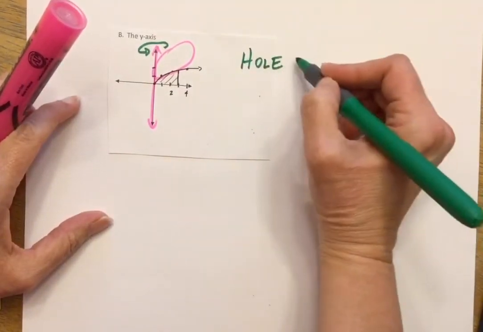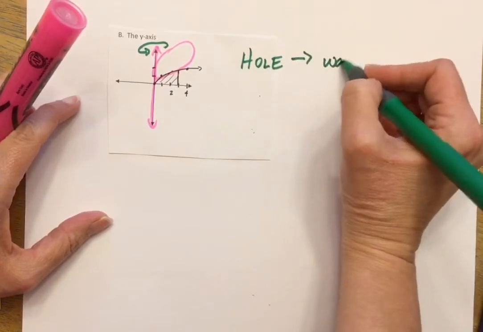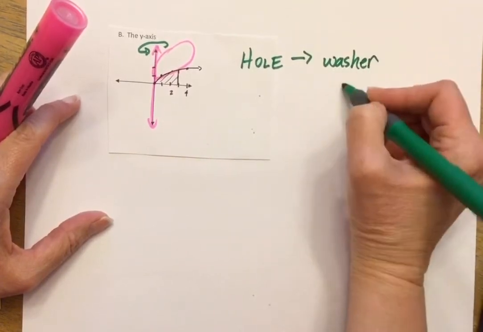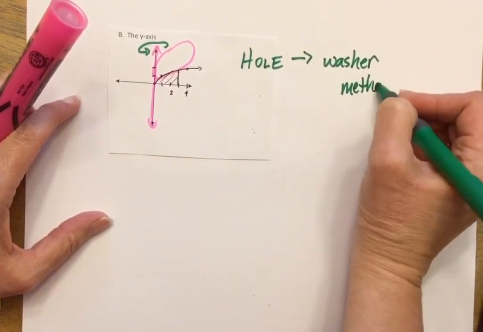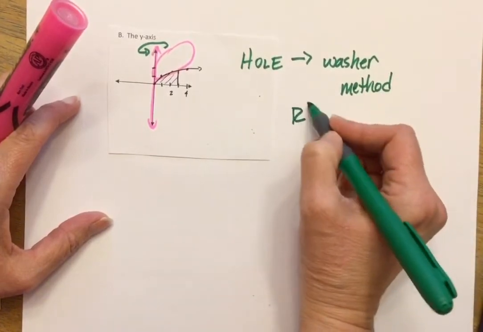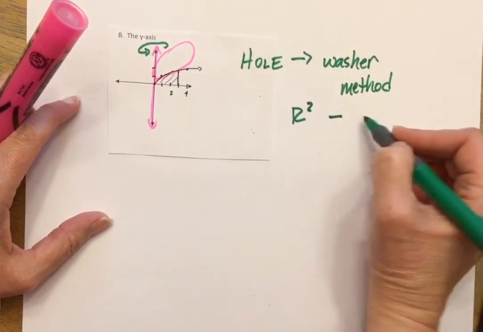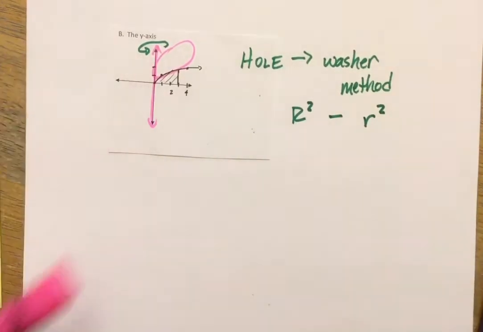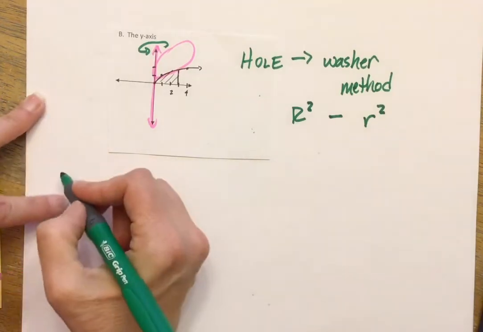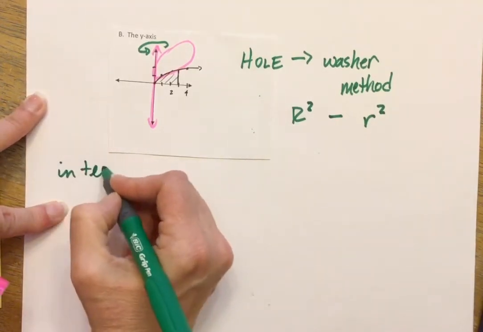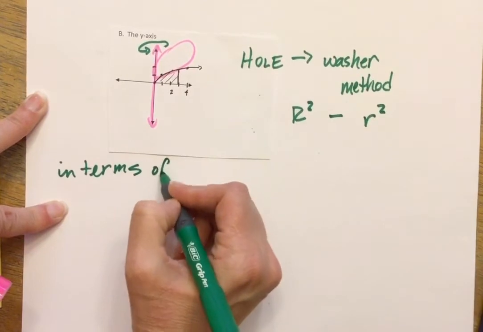And because it has a hole, it means that we are going to do the washer method. The washer method needs a big radius, you're going to square it, minus a little radius, and you're going to square it. The other thing to keep in mind, since we're going around the y-axis, unfortunately, we're going to have to be in terms of y.